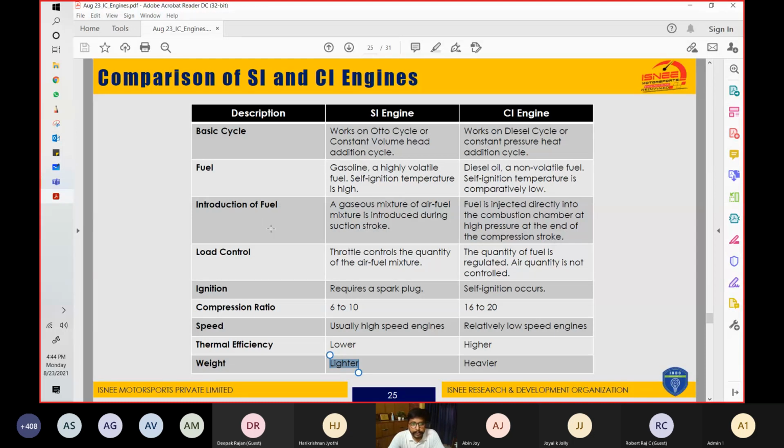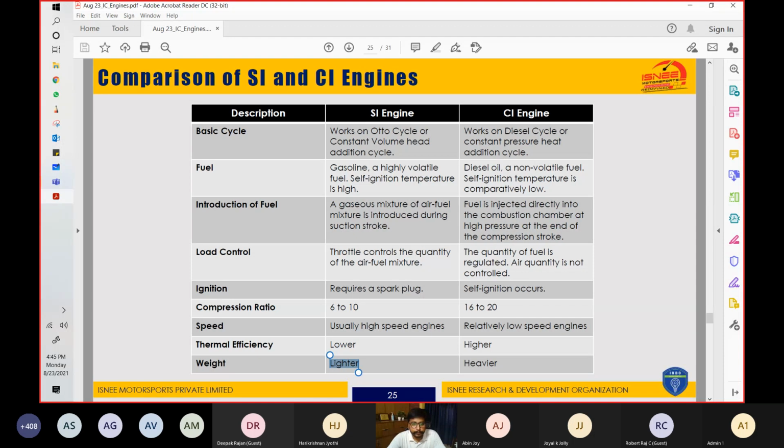Then introduction of fuel: in the SI engine, a gaseous mixture of air and fuel is introduced during the suction stroke. As we saw, a mixture of air and fuel comes inside. In the compression ignition engine, first the air comes inside, then the fuel is injected directly into the combustion chamber at high pressure at the end of the compression stroke.